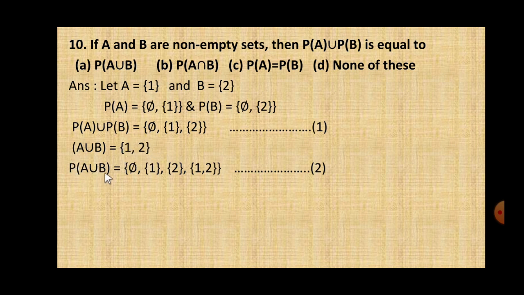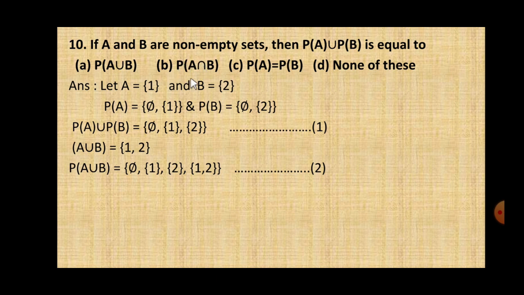So P of A union B is equal to, so subsets we can start with, first one is a null set, then singleton sets you write down. Singleton set 1, next one is 2, and then the set having 2 elements, that is 1 comma 2. Means here there are total 4 elements we will get in this P of A union B. So this is the first option.